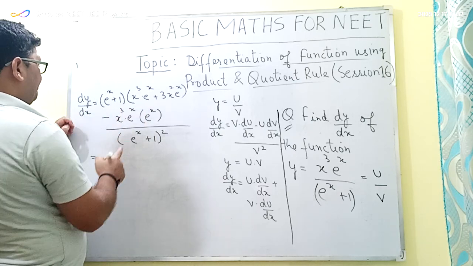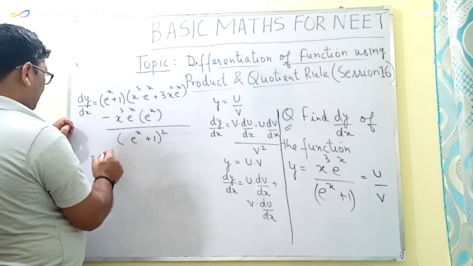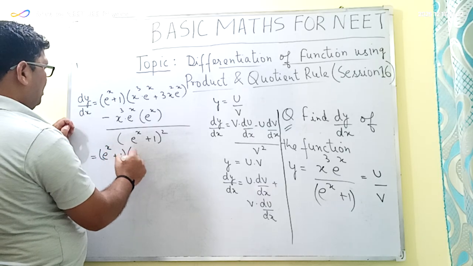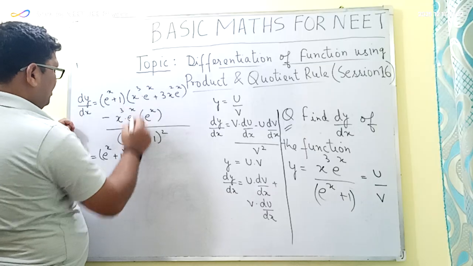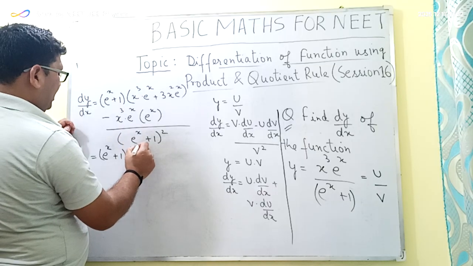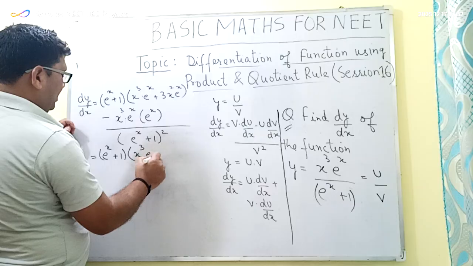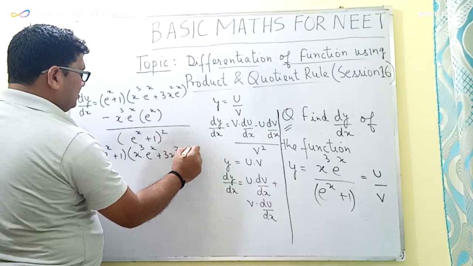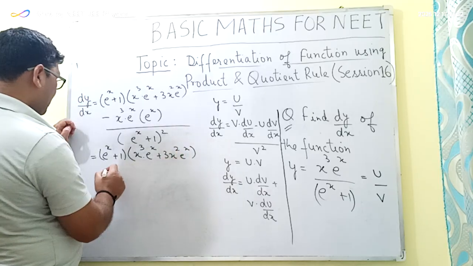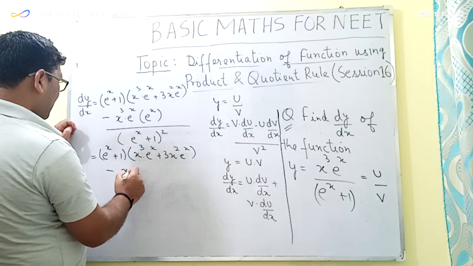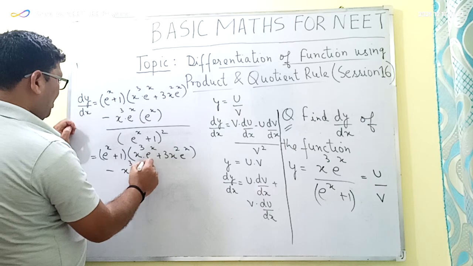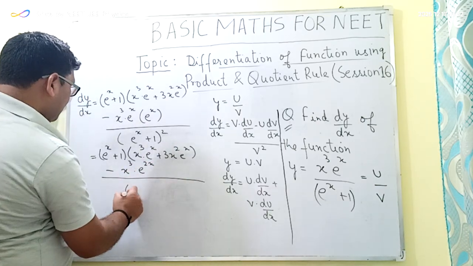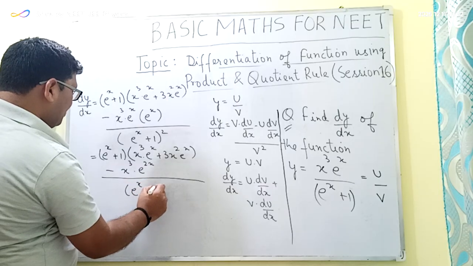So from here we can see that this e to the power x plus 1, and this is equal to x cube into e to the power x plus 3x square into e to the power x, minus x cube into e to the power 2x, divided by e to the power x plus 1 whole square.